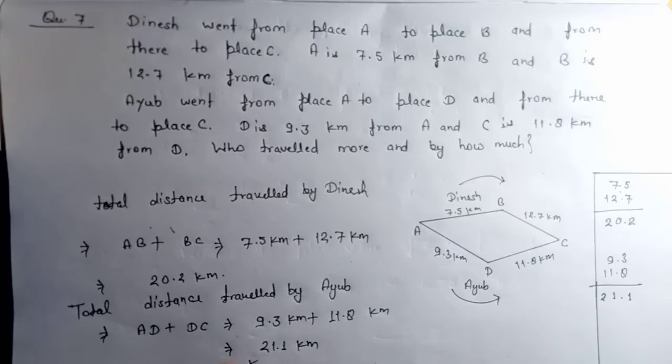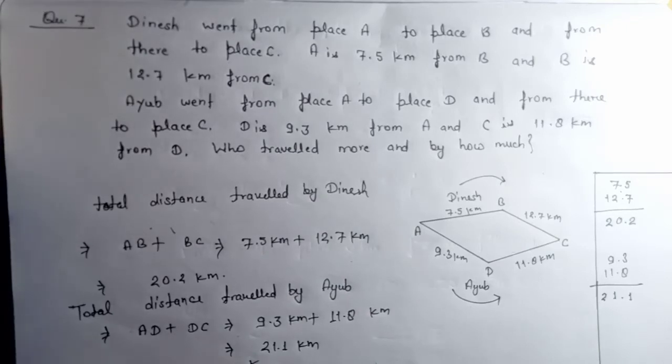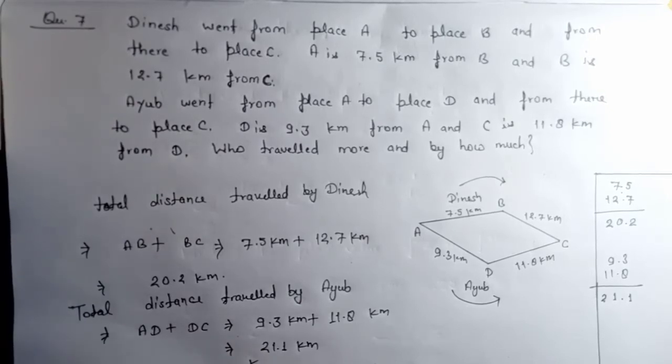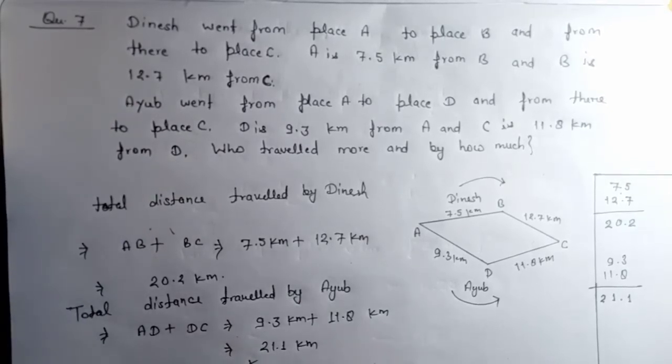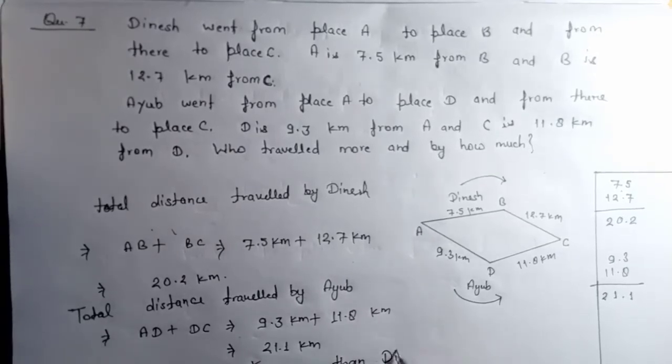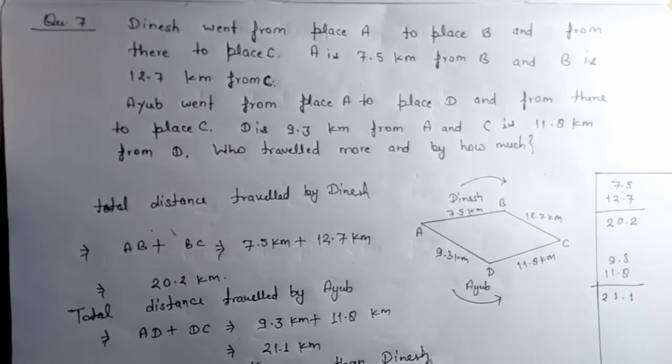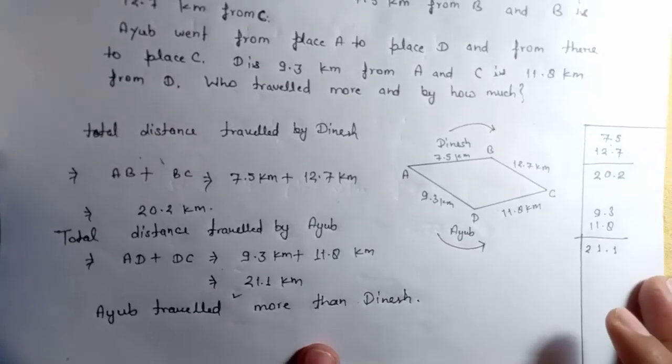Now this is the total distance travelled by Ayub and this is the total distance travelled by Dinesh. Which one is greater? 21.1 is greater than 20.2, obviously. So you can write your answer: Ayub travelled more than Dinesh.